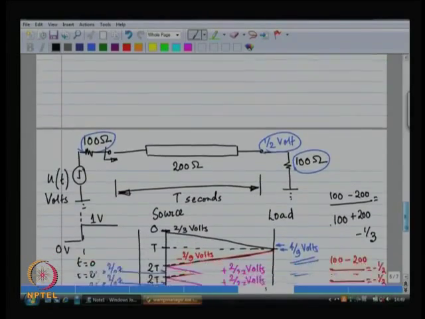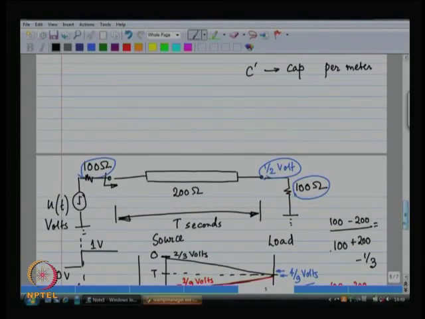Okay. Now, what else is important over here? Something very important we observed in our very first example: when I had the load resistance equal to the characteristic impedance, no reflections took place.